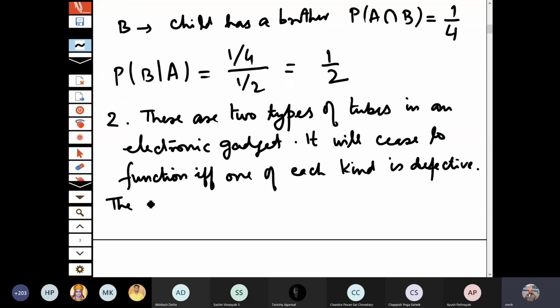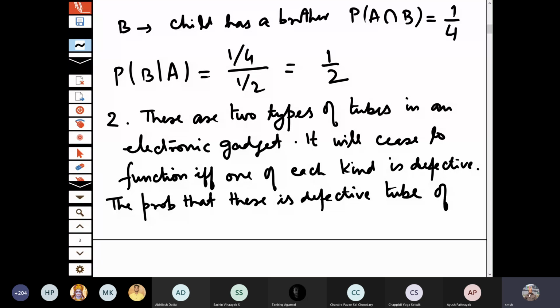The probability that there is a defective tube of the second kind is 0.2.